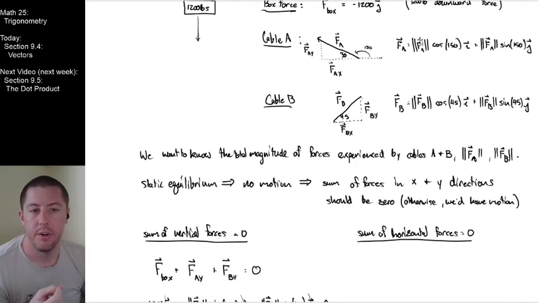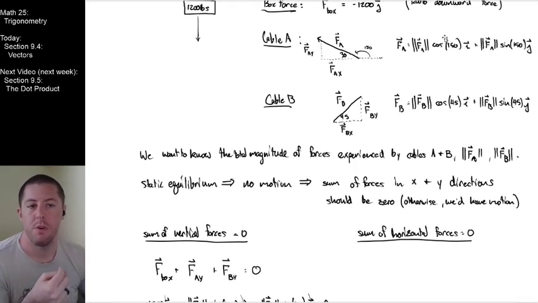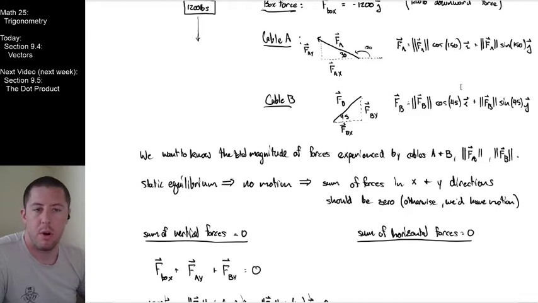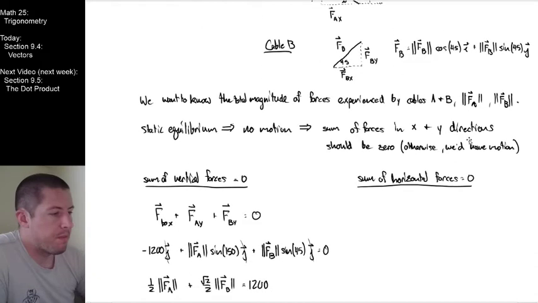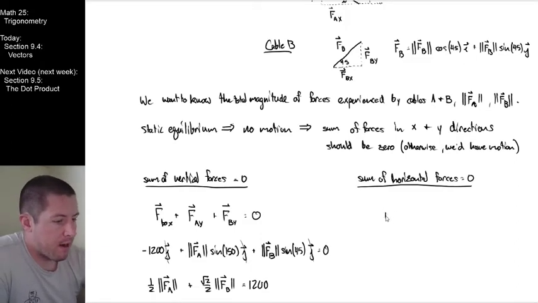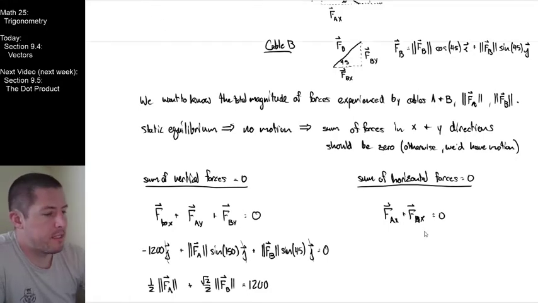All we really need to do is say that the sum of the x component for each of A and B, if we add those together, we must get 0. So it must be the case that our FAX plus FBX is equal to 0. Let's set up that equation.